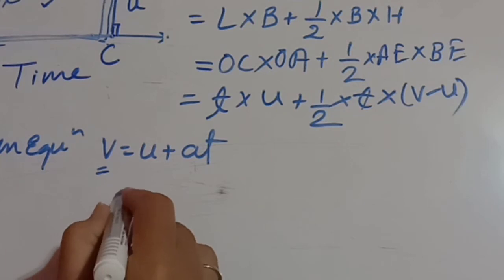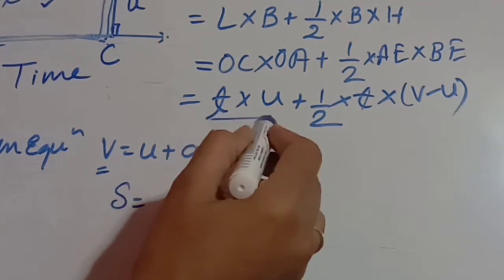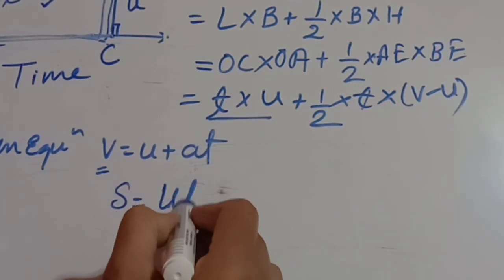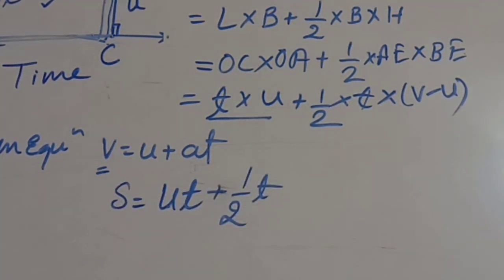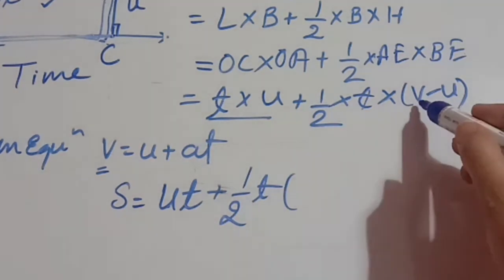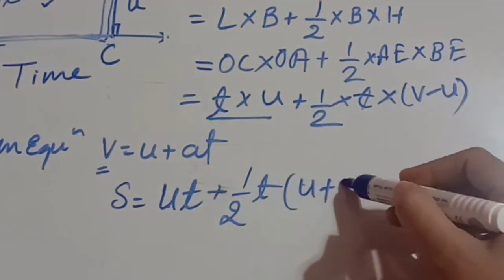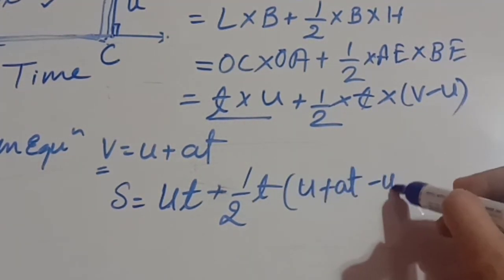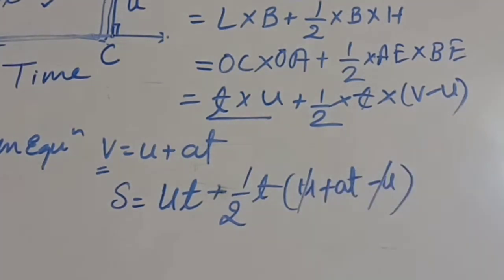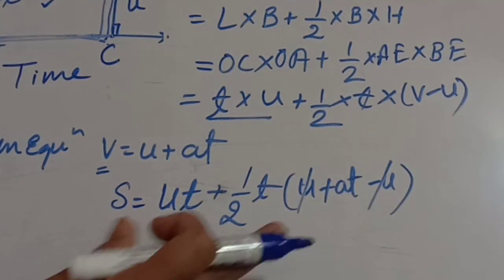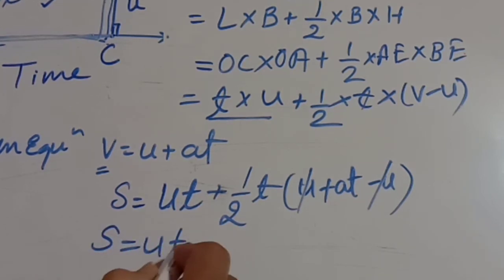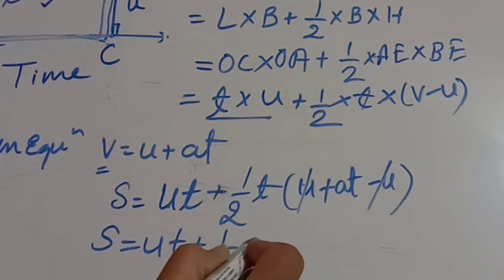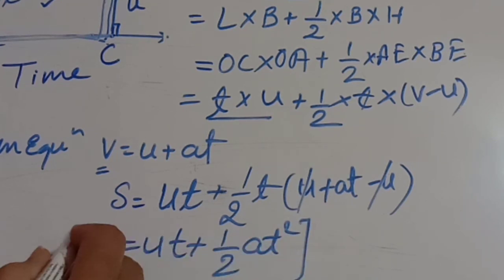We get s = ut + ½t, and in the bracket, in place of v, I will write u + at − u. So the u plus and minus cancel. This at is multiplied with this t, and we get our required equation: ut + ½at². Thank you.